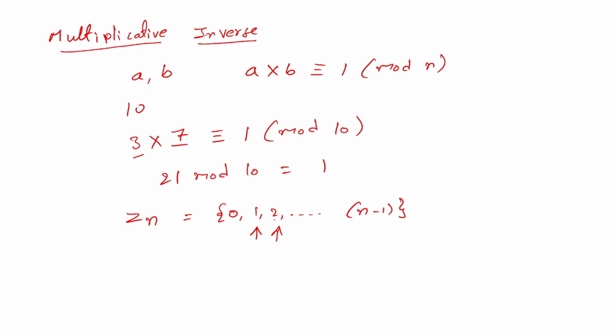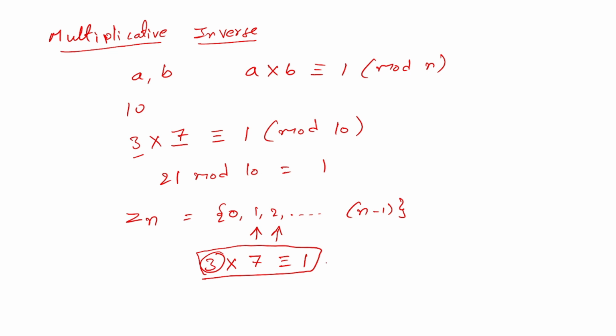How can you find whether it has a multiplicative inverse or not? If it has a multiplicative inverse, that means the integer and its multiplicative inverse is congruent to 1. Okay, so using this one, we can say that this value contains a multiplicative inverse.